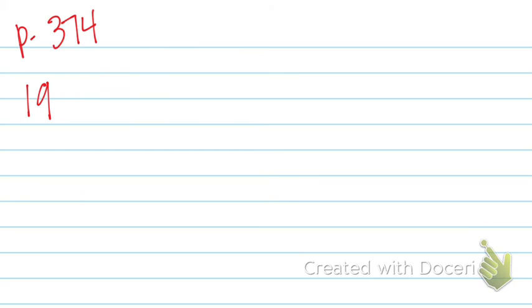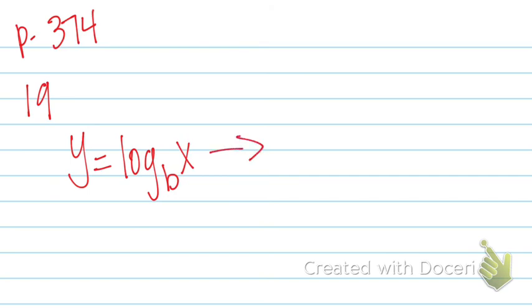So all of those examples are in what form? They're in log. So I have to change them to exponential. So I'm going to write the function rule. Y equals log base b of x changes to b to the y equals x. Don't solve for x yet. We'll solve for x after lunch, but just change the two forms.